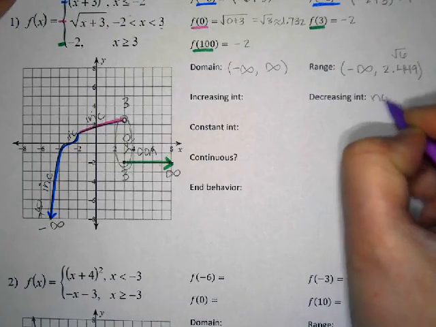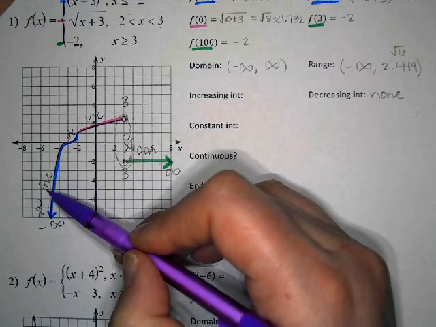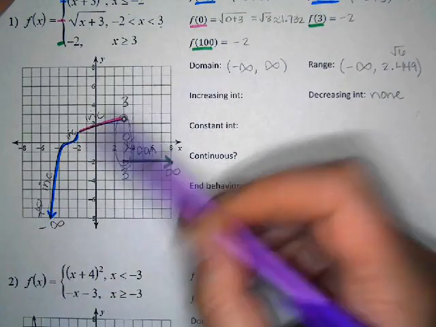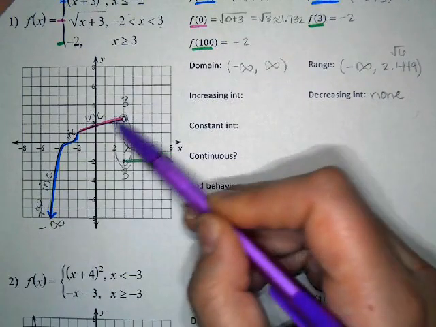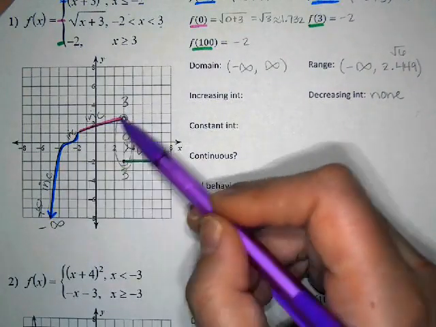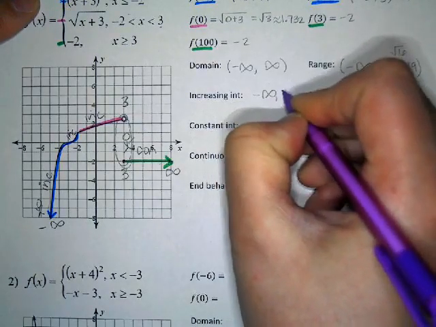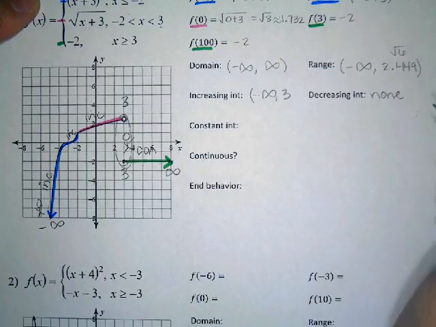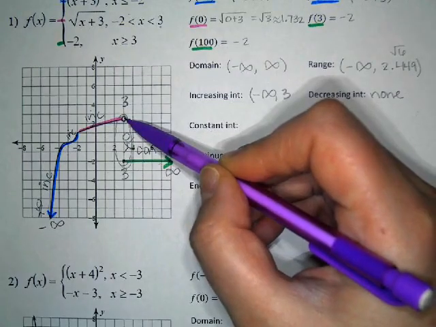All right. Now for increasing, he goes uphill, uphill, uphill, uphill. And so what numbers was he increasing in between? Negative infinity to 3. Okay. And at negative infinity, that's an infinity. It always gets a parenthesis. Over here at 3, when he was falling through the hole and dying, was he actively walking uphill?